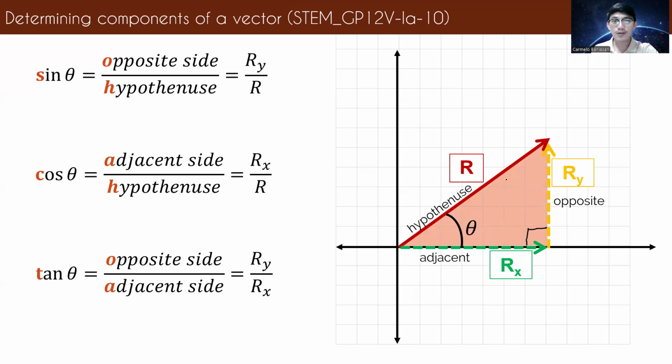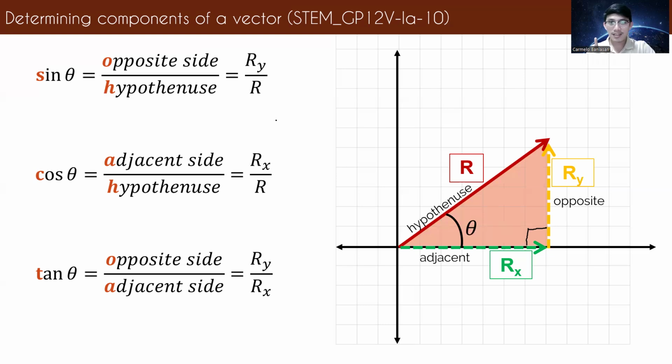So with reference to our vector, our opposite side is Ry. R is our hypotenuse, that's the magnitude of our vector. For cosine, Rx is our adjacent side, R is our hypotenuse. For tangent, Ry is our opposite side, Rx is our adjacent side.